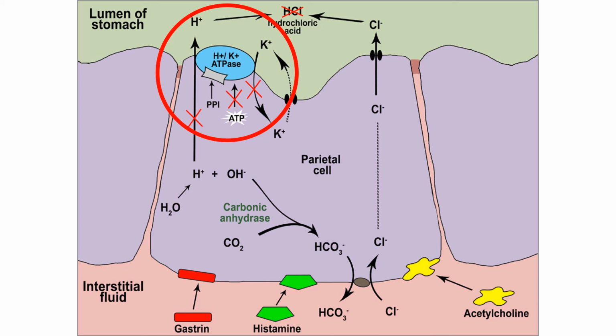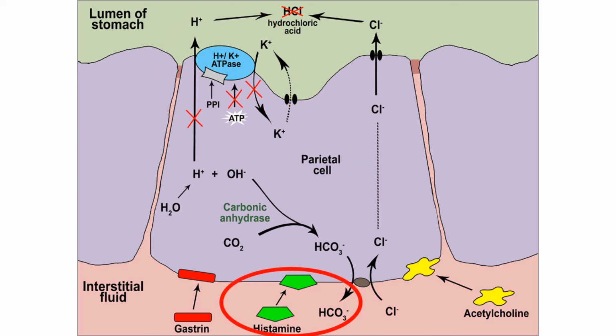So logically, if we block this pump, less hydrogen ions are going to be pumped out, and the stomach acid will decrease. H2 blockers block histamine, which you can see is what's activating the parietal cell. So it works in a similar location, but by a different method.